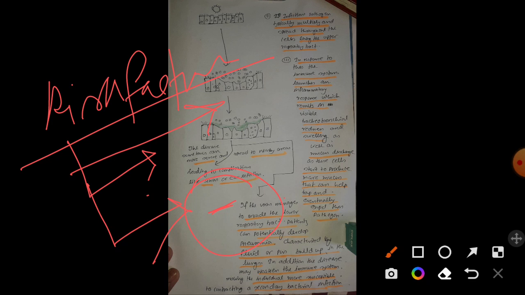Not only that, children below 5 years of age, adults above 65 years of age, people who have chronic lung or chronic heart disease, or people who are pregnant, those men and women are at high risk of developing serious complications due to influenza virus.